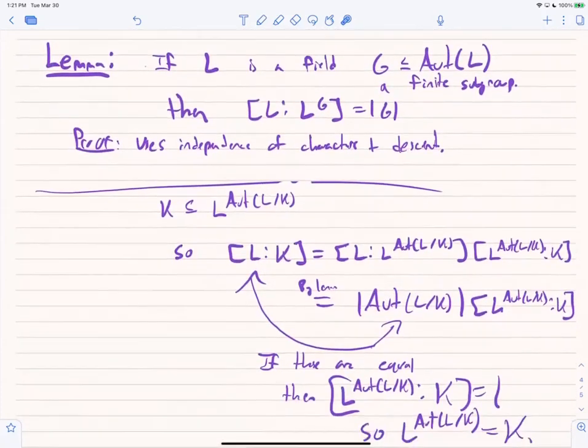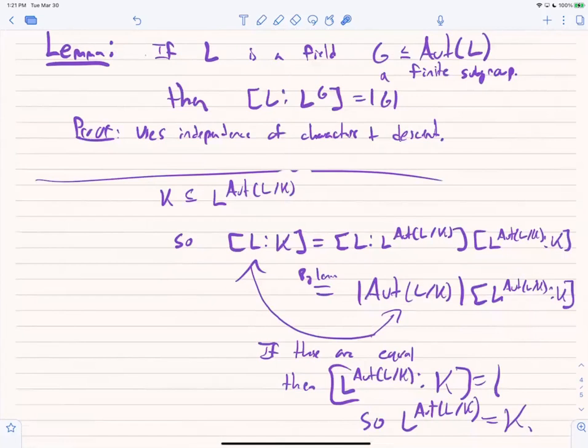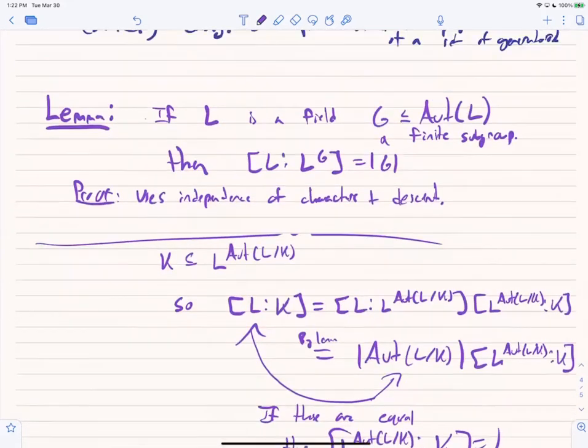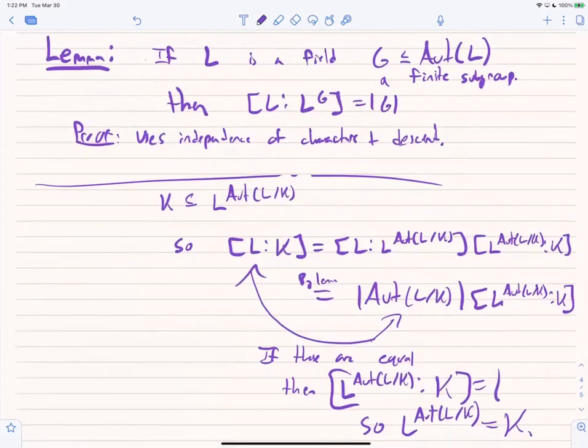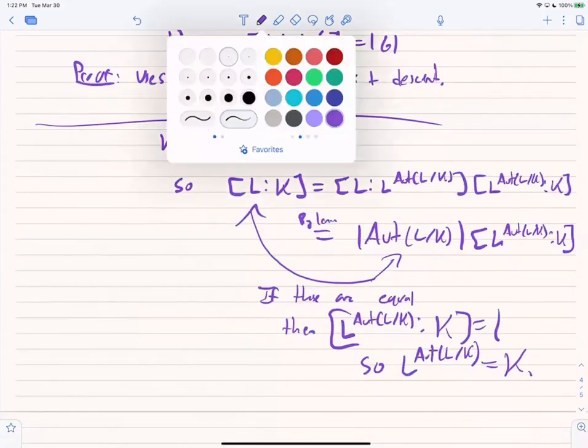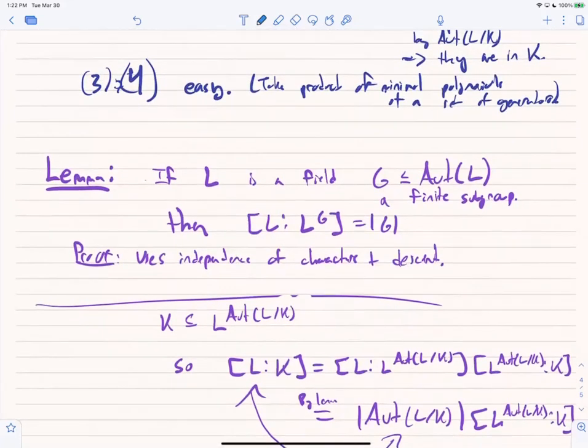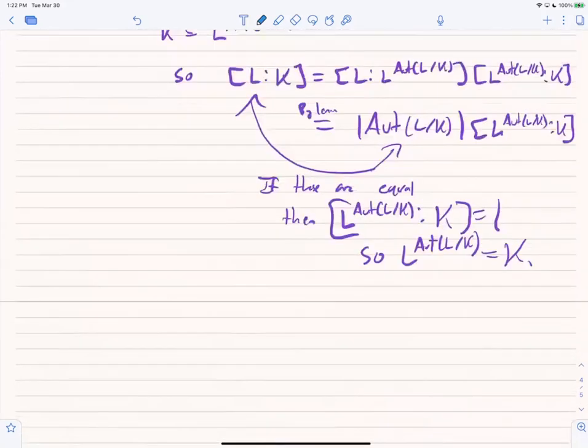Okay. Let me note the following. This lemma, we just used it, and you also use it in proving the other aspects of the fundamental theorem of Galois theory. Let me make a further remark about it.